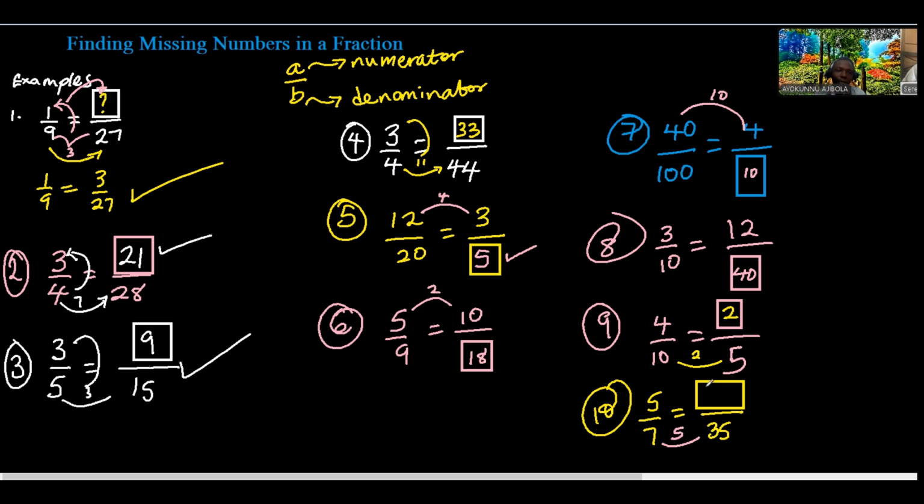That's 7 times 5. So what is 5 times 5? 25. So if you divide by 5, 5 is 5 and 35 is 7, it gives us our 5 over 7. Okay?